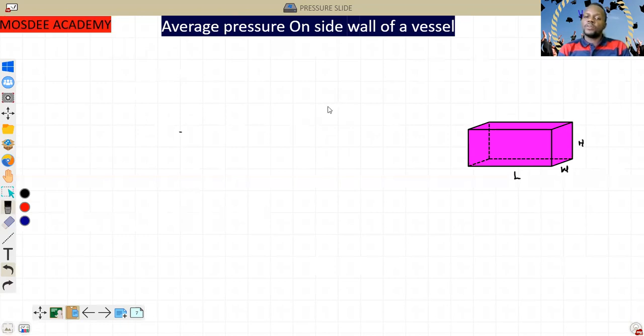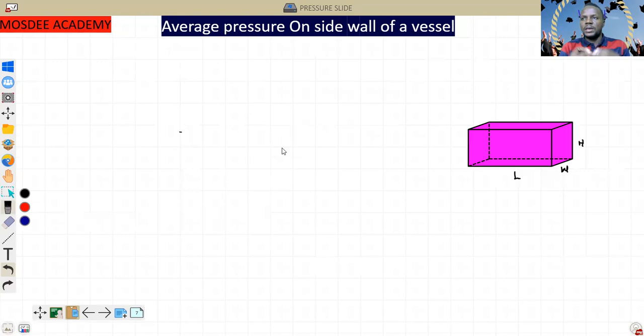Directly, we can quickly consider how to calculate the average pressure on the sidewall of a vessel by taking a cube, as you can see, and using our knowledge of integration, because we are only going to take an elemental part. When I say elemental, I mean a small part, and that is what we want to do.